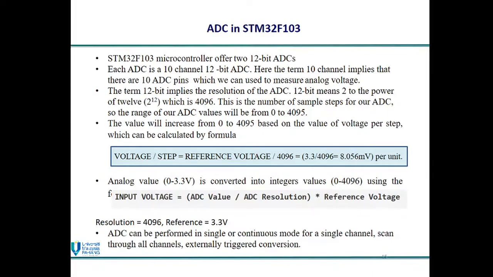For STM32, the analog voltage range is between 0 to 3.3 volt. So analog STM32 is not 5 volt, it's only 3.3 volt. ADC in STM32 can be performed in single or continuous mode for a single channel, scan through all channels, or externally triggered conversions.